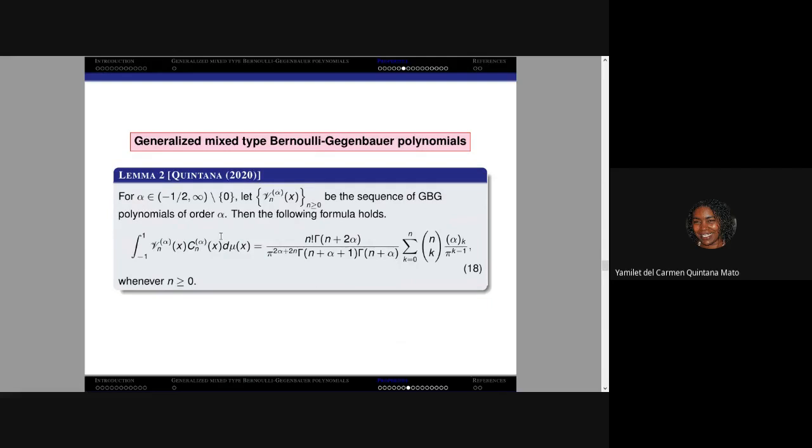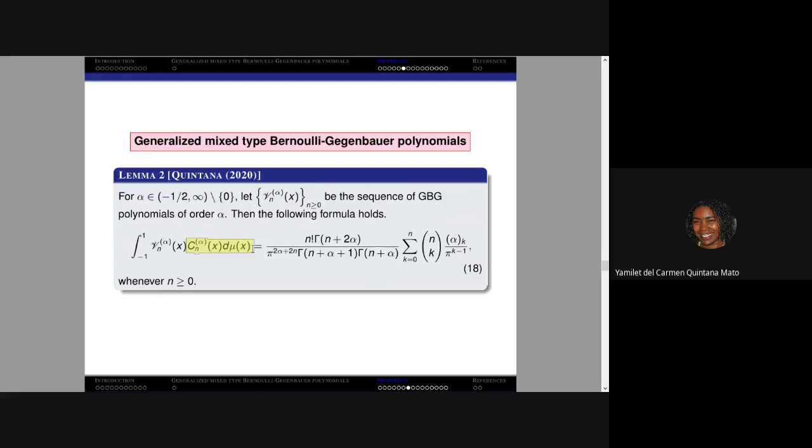Another interesting property of this polynomial is associated to the relation with respect to orthogonality. It's clear that when we consider some relation associated with orthogonality, we need the Gegenbauer polynomial.